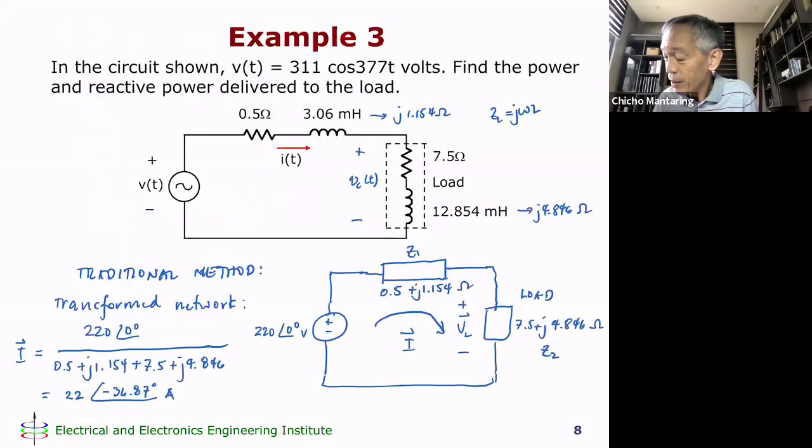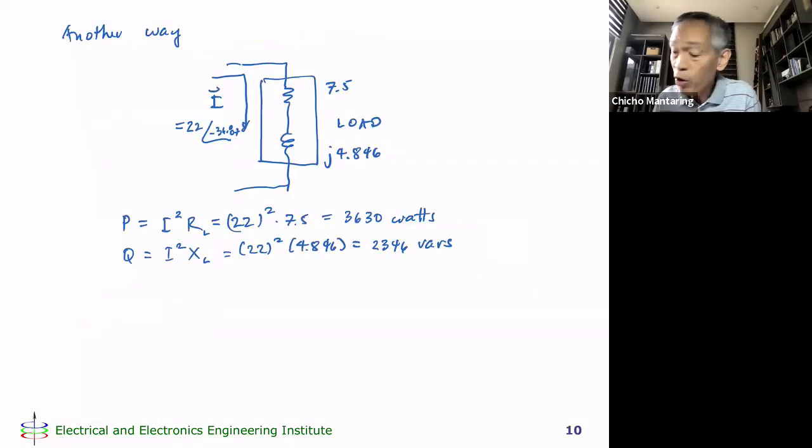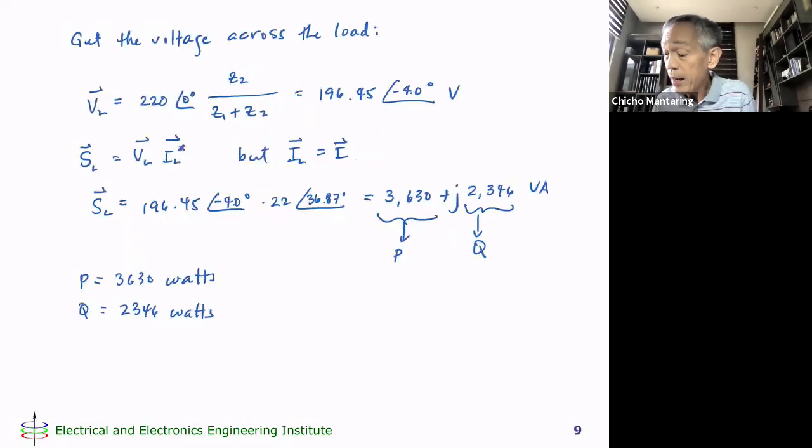So obviously, the good thing here is, once I know the RMS value of I, I no longer need to do complex math. In the second method that I showed, there's no more complex math that I will need. I just get this RMS value, square it, multiply it by 7.5, that gives me P, square this, multiply by 4.846, that gives me Q. Unlike this particular solution where you use complex math.